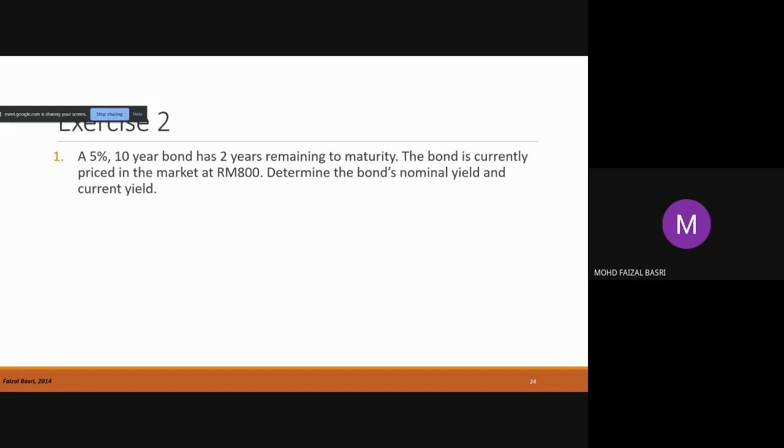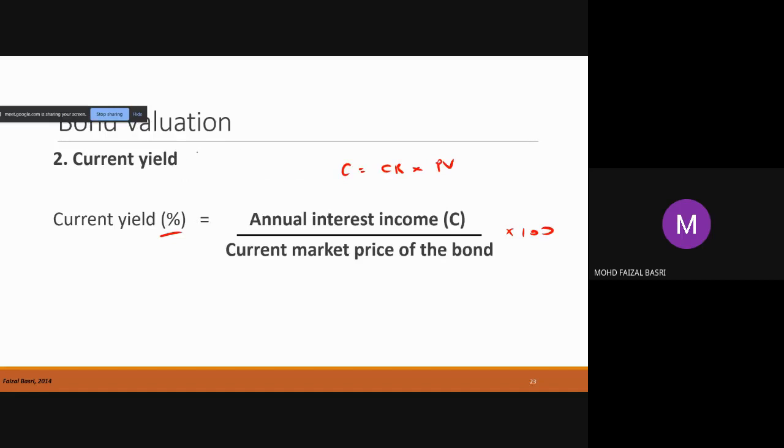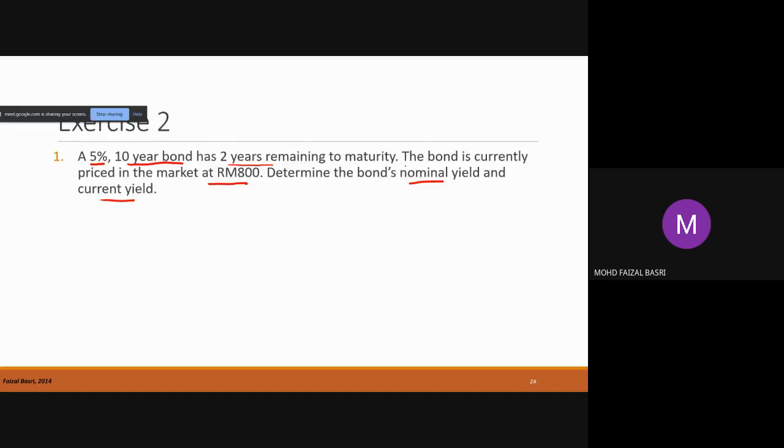So for example, a 5% coupon for a 10-year bond, with 2 years remaining to maturity, and the current price is 800 ringgit. Find the nominal and also the current yields. Based on the formula for the second one, we know about current yield. But what is nominal yield?